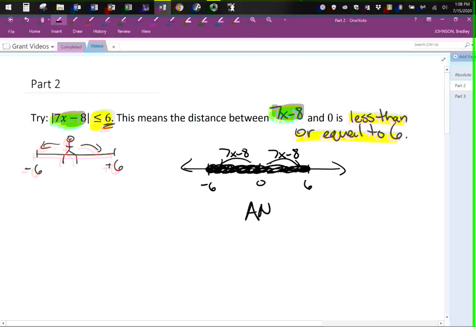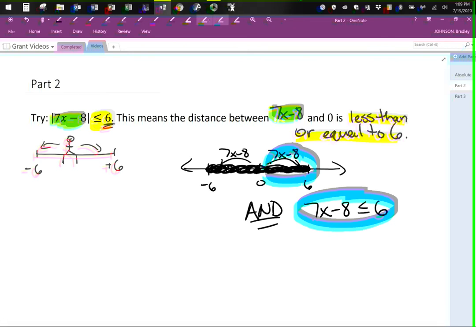Remember, this is the AND statement. Putting everything together here, what I'm going to do is take 7x minus 8 less than or equal to 6. That would come from this right-hand side part. And if I go to the left-hand side, this would be 7x minus 8 and -6.